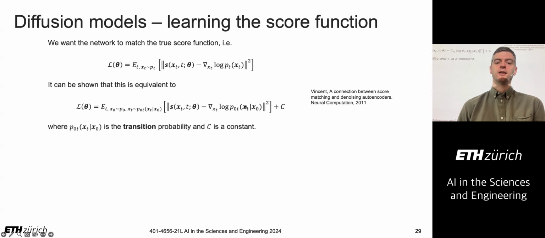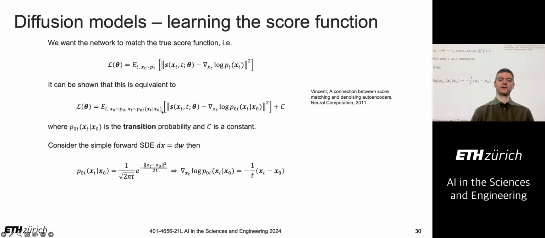So this is the probability of a noisy image given some initial noise distribution. You'll have to look at this paper to believe me that it's true, but this is an equivalent expectation. So now we define the probability of some x at some time given the initial value, or initial prior image, as the transition probability of the system.